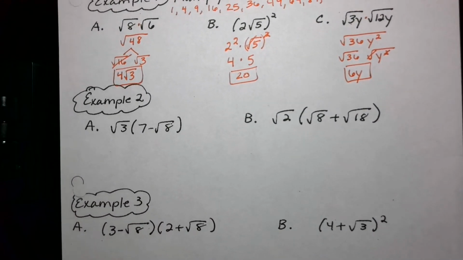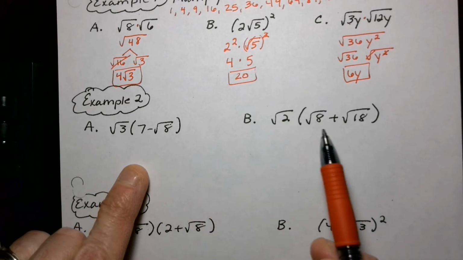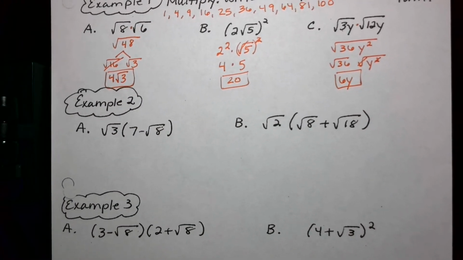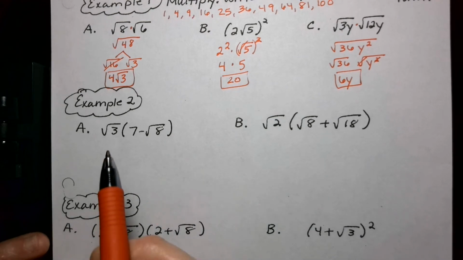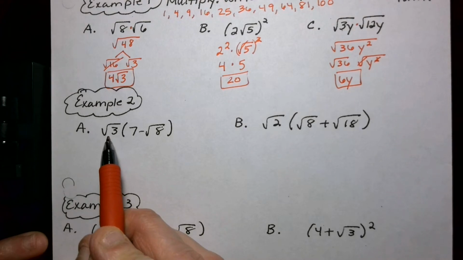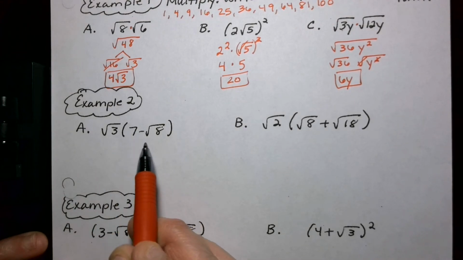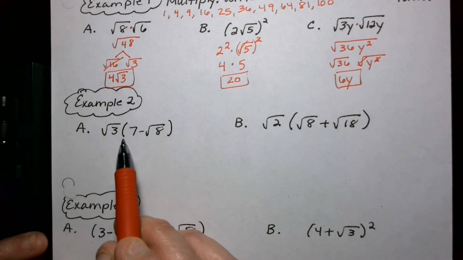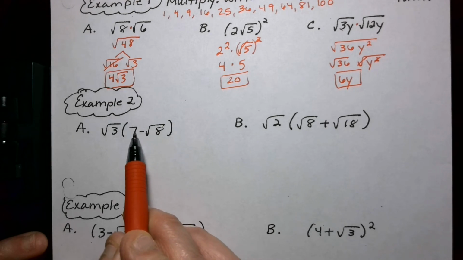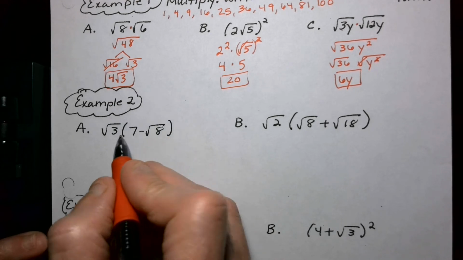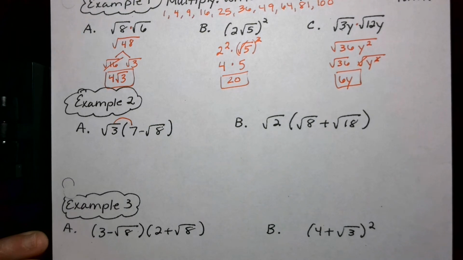All right, now notice what comes up in these is our addition and subtraction. So it's a little bit trickier, but it's kind of like when we used to have variables on the inside. You have to multiply anything on the outside of the parenthesis by however many terms are in the inside. So how many terms are there? 1, 2. So I'm going to do 2 multiplications. Square root of 3 times 7.